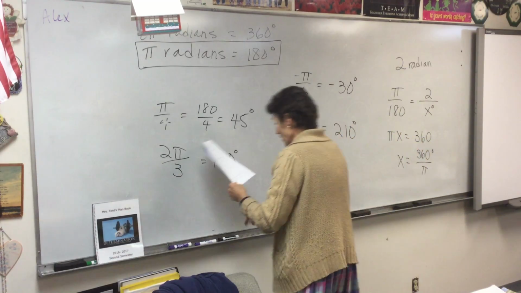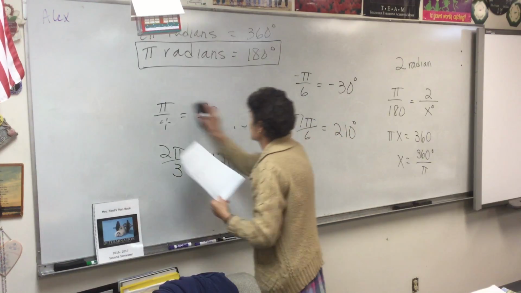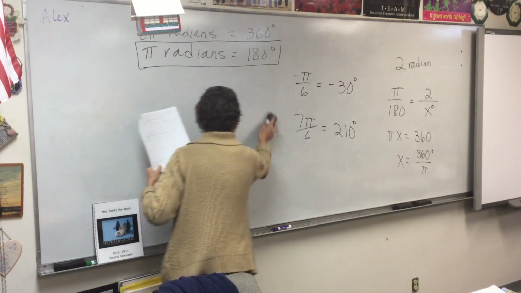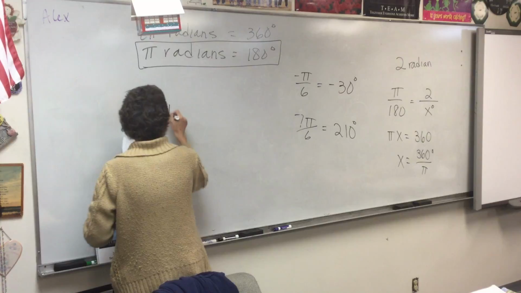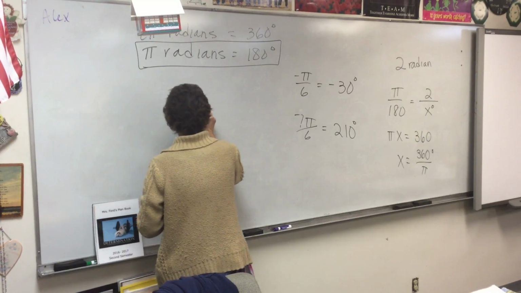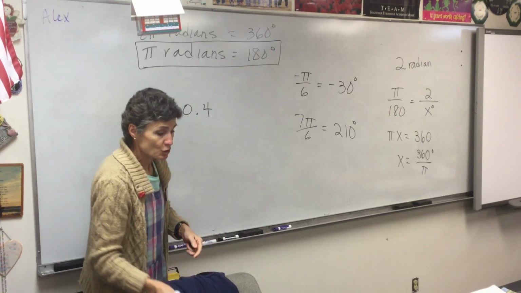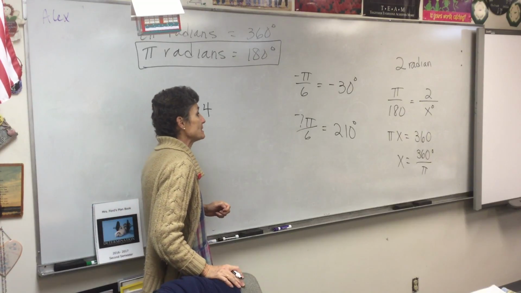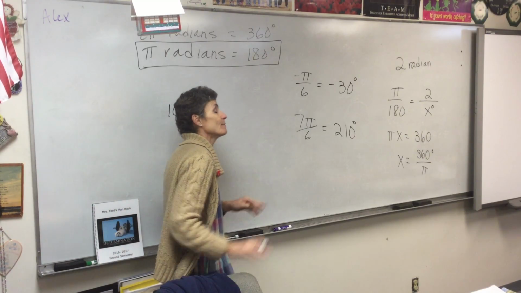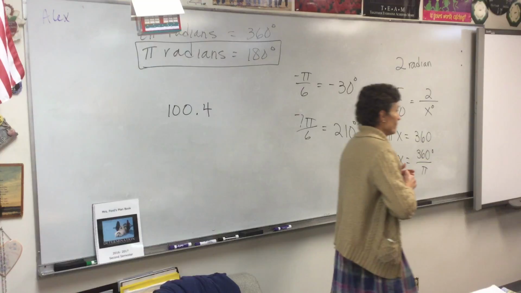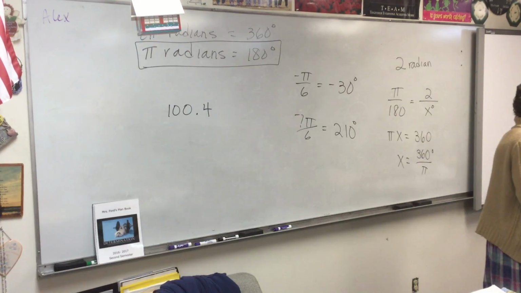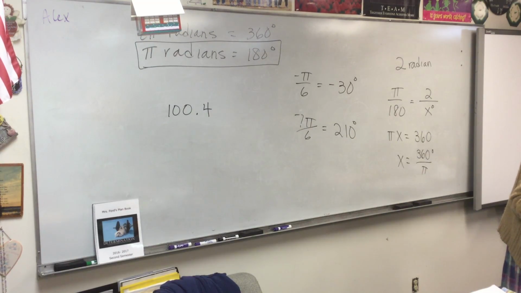We're going to start with 100.4 degrees. And we are going to change this into degrees, minutes, and seconds. Now, let me talk about that for a minute. Everybody knows angles are measured in degrees.